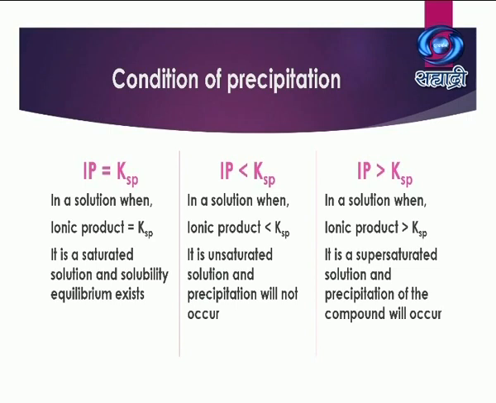And when ionic product is greater than Ksp, it is a case of supersaturated solution and precipitation of the compound will occur. So this is called the condition of precipitation. Ionic product must exceed its characteristic constant Ksp, or solubility product, then only precipitation can occur.